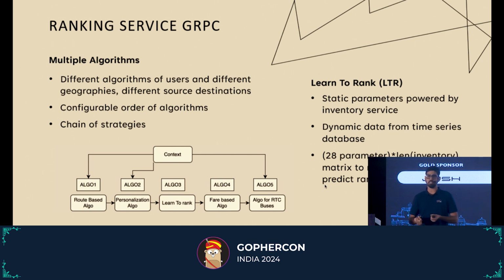One such algorithm is learn to rank, in which all the static parameters are powered by the inventory service, and all the dynamic parameters are from a time series database, for which we are using Redis as the time series database. For each service, we are preparing 28 feature parameters, and this matrix of 28 times the number of services, we are feeding to a regression model, which is finally predicting the rank for us.